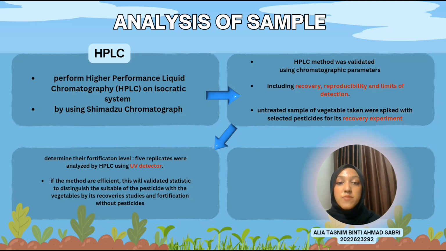Next, to determine their fortification level, 5 replicates were analyzed by HPLC using a UV detector. So, if the methods are efficient, this will validate the statistics to distinguish the presence of pesticide in the vegetable by its recovery studies and fortification without pesticides.